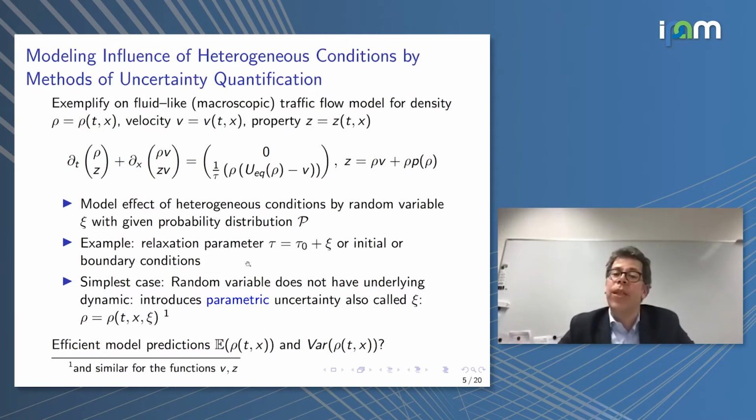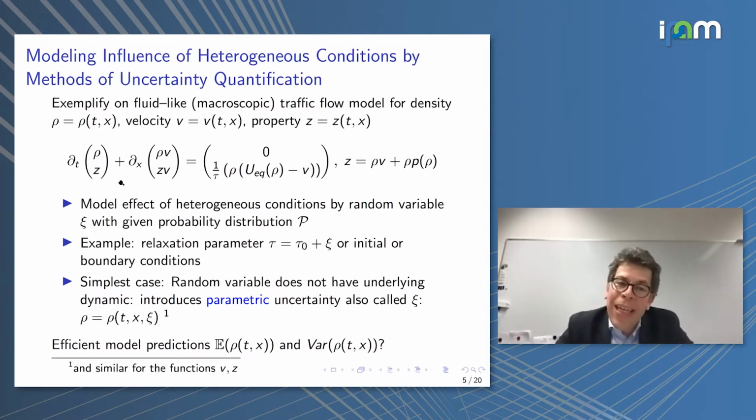I don't want to enter this discussion here. I would say that we can model the randomness in what is called a parametric uncertainty. So this random variable psi, which has a given distribution, which might come out of data or which might be empirical, would now enter this equation either here, for example, in this parameter, or in the initial or boundary condition.